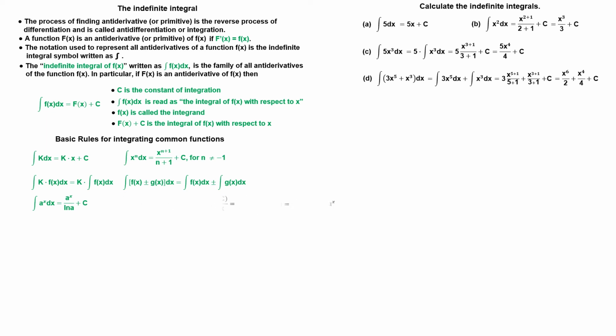If the base is Euler's number, the exponential function is its own derivative and its own integral. To solve item E, we integrate term by term using the formulas for integration.